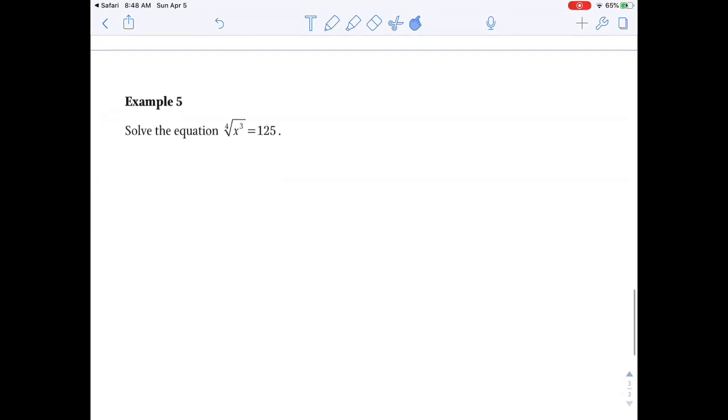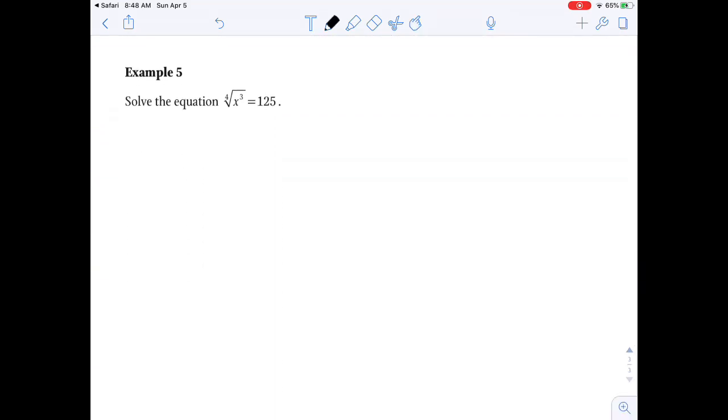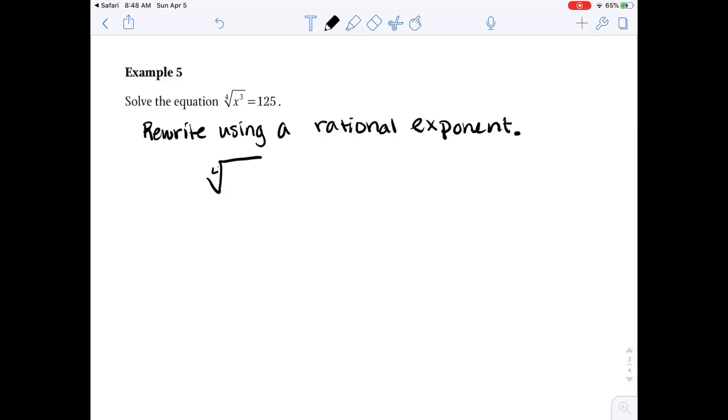If you look at example 5, it says solve the equation, and then I have the fourth root of x cubed equals 125. So the first thing we're going to want to do is rewrite this using a rational exponent. So if I have the fourth root of x cubed equals 125, let's rewrite that as a fraction.